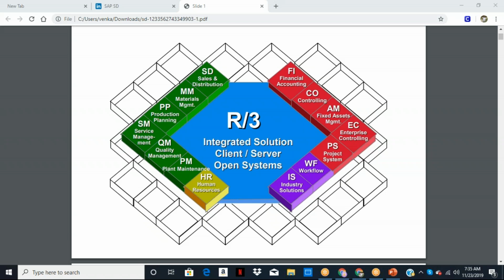All ERP products have the same intention: to support all the areas of an enterprise, meaning the entire organization's resources.